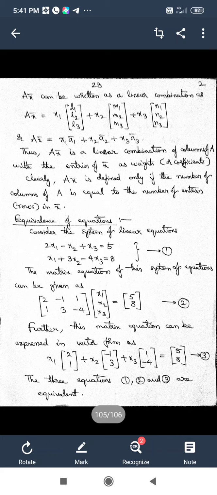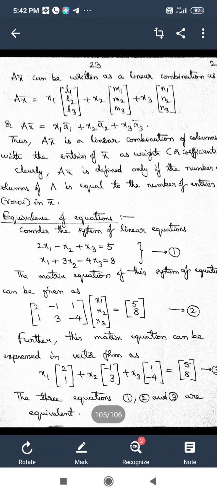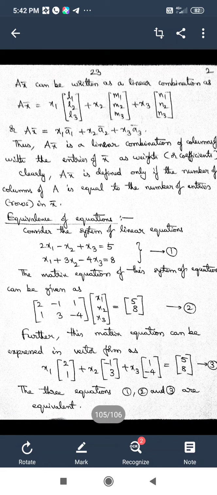If I take x bar as x1, x2, x3, then Ax bar is equal to B bar represents a system of linear equations in x1, x2, x3, and the elements in B bar are the constant right hand sides of the system of linear equations.